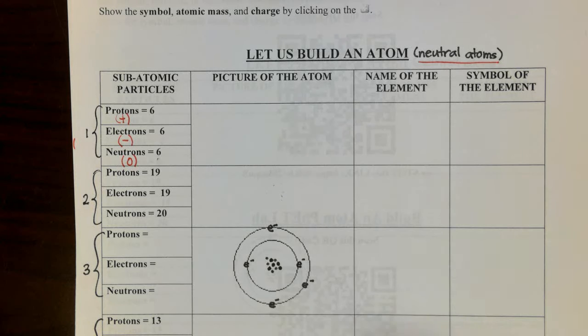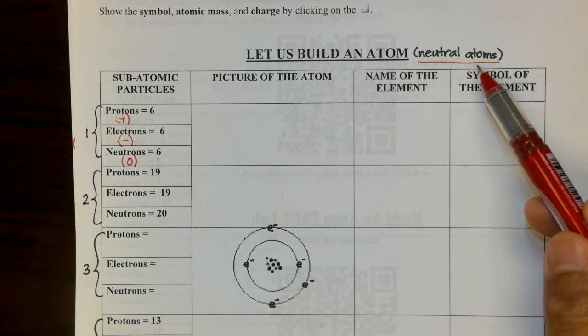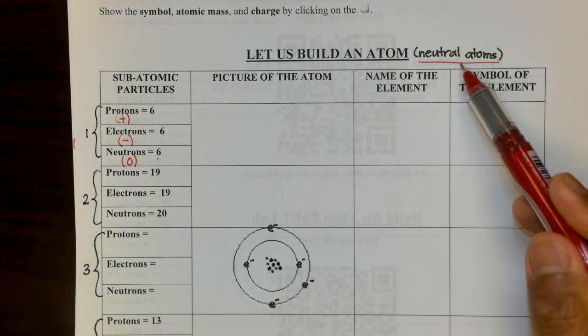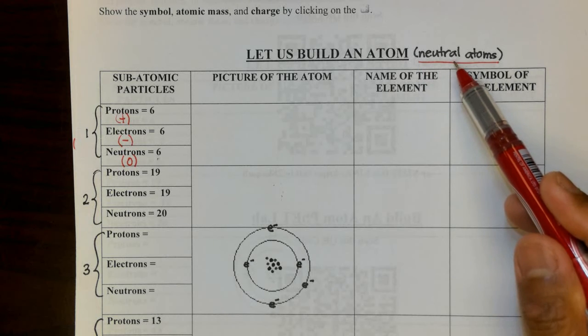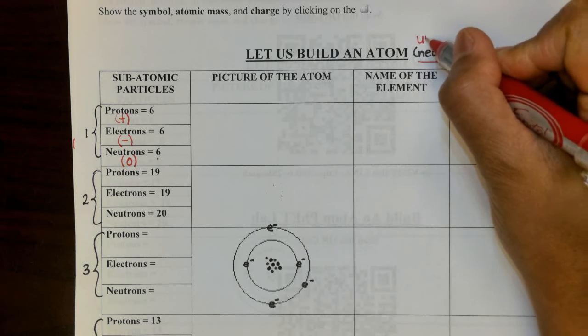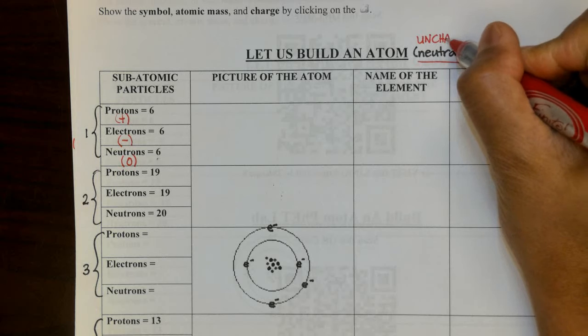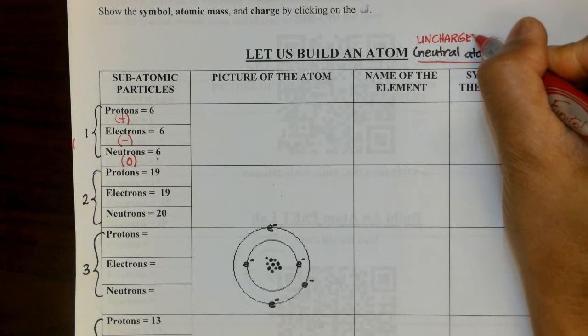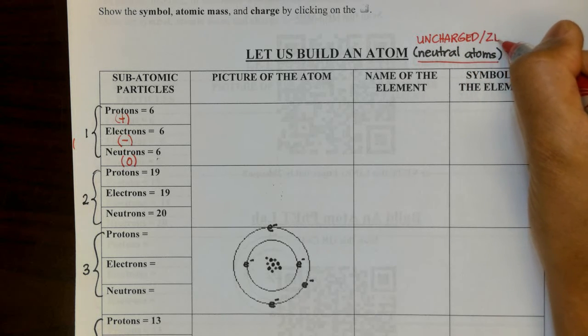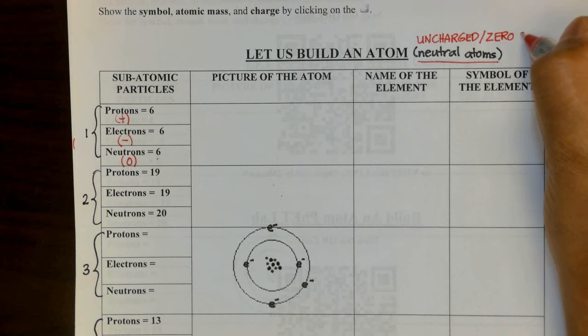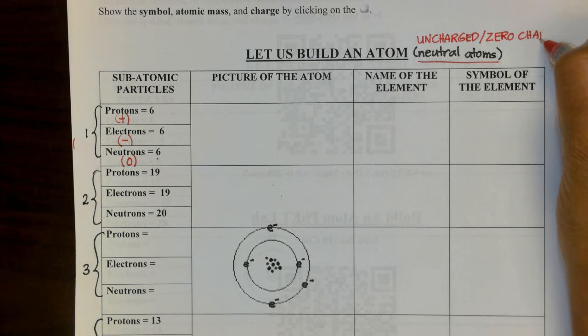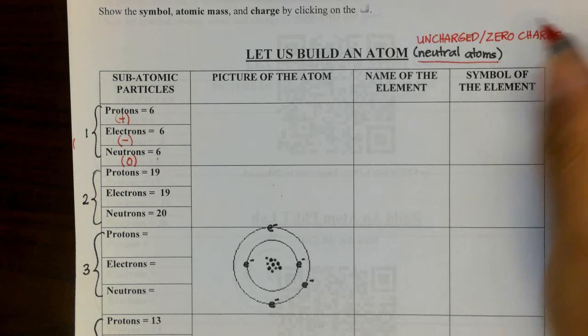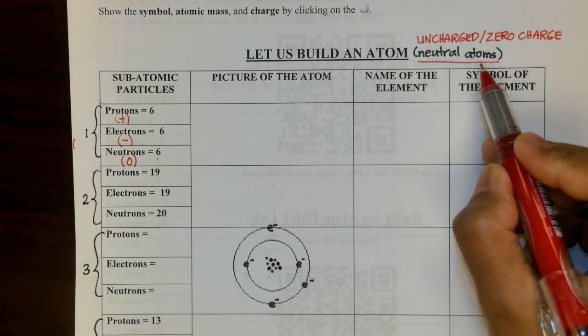All the atoms here are neutral. When we say neutral, like neutron, it should be uncharged, or we can say zero charge atoms. So that's what we mean by neutral atoms.